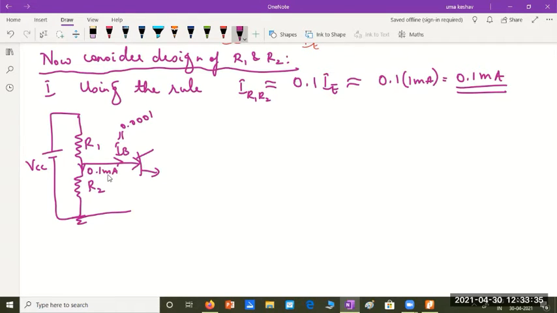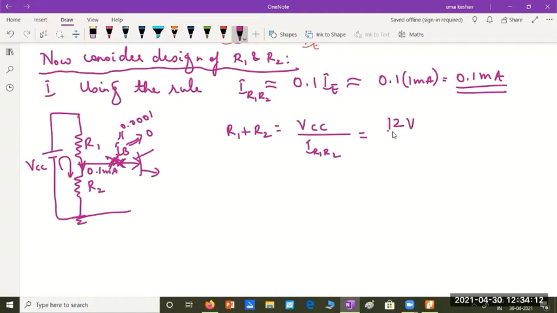So we don't measure up to that accuracy. Yes or no? So we don't go to an accuracy as high as this. That's why we'll say IB can be negligibly small. I can assume this to be almost zero when compared to this current. That means this part of the connection I can assume is not there. So what happens? I can easily say R1 plus R2 will be what? VCC by the current IR1R2. How much is that?